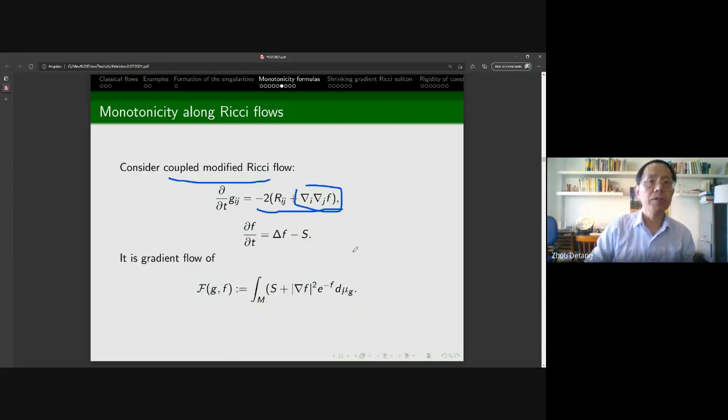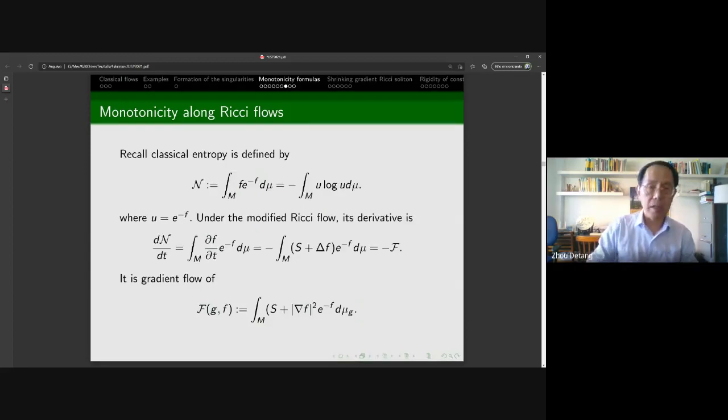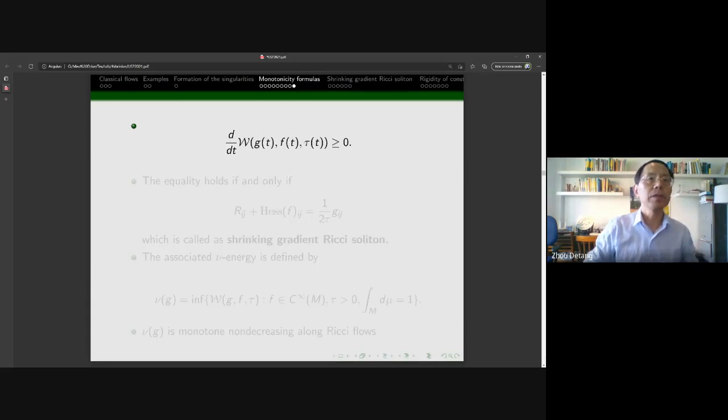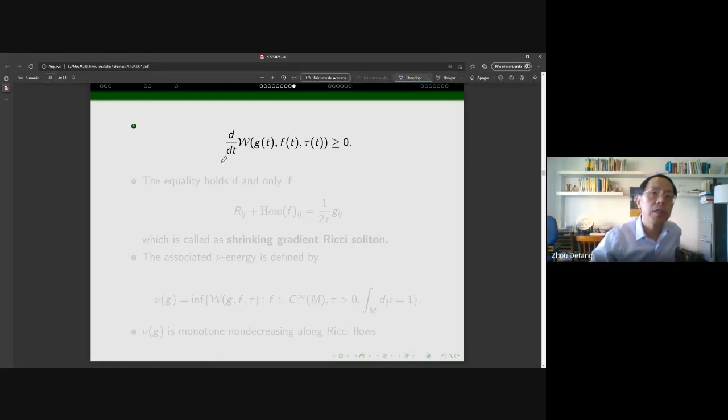Then he can prove that functional. Actually, I wanted to explain why he constructed a double functional. So the functional has monotonicity, right? This one. Along that flow, you have this, and you can see that the equality holds. That means this one is always bigger than or equal to 0.